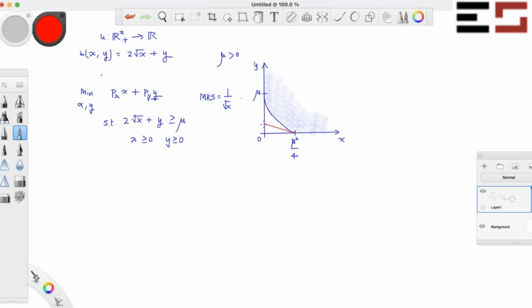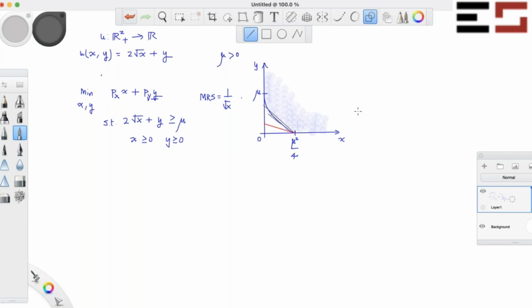If it is flat enough, then the optimal choice will be this point. However, if it is not flat enough, let us say if it is like this, then the optimal choice will be here.